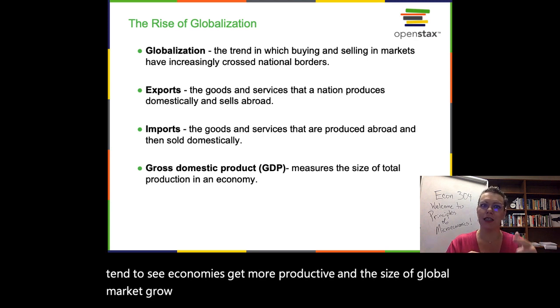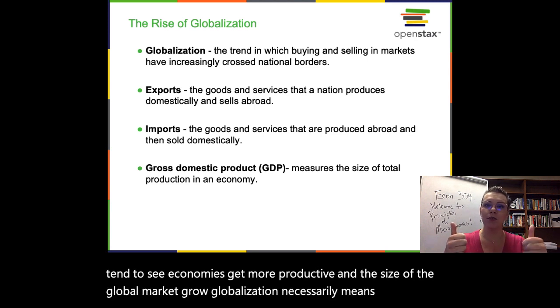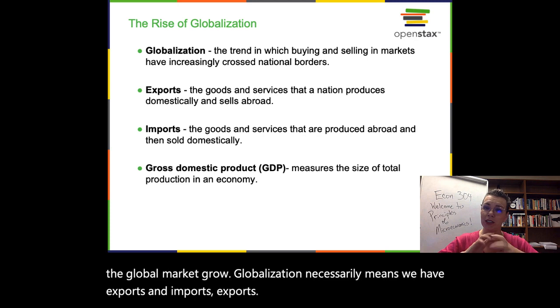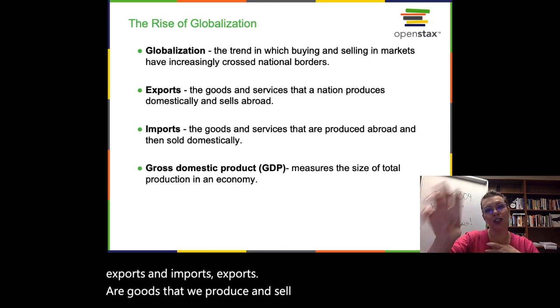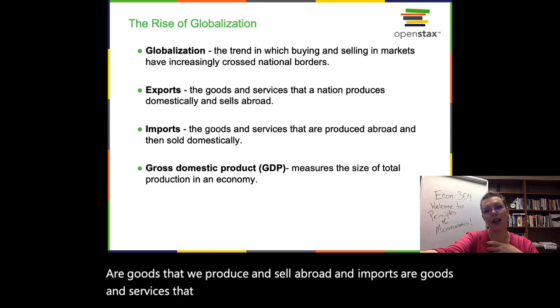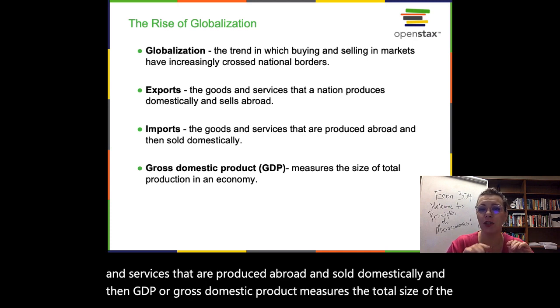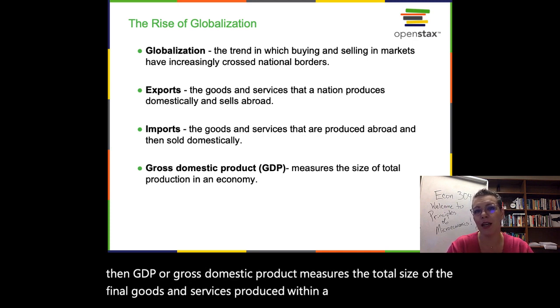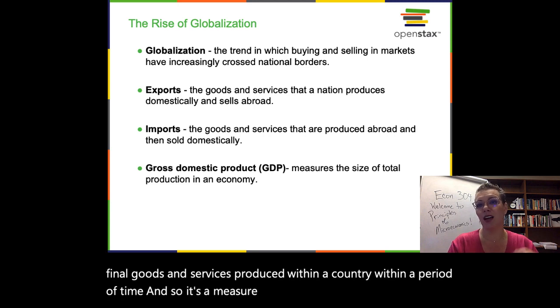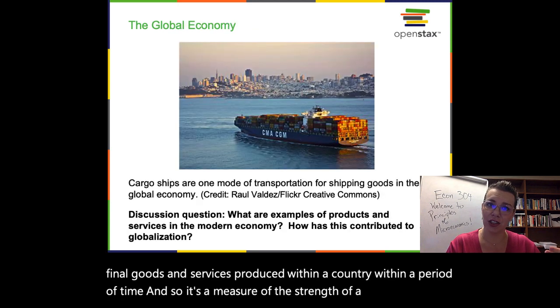Globalization necessarily means we have exports and imports. Exports are goods that we produce and sell abroad, and imports are goods and services that are produced abroad and sold domestically. And then GDP, or gross domestic product, measures the total size of the final goods and services produced within a country within a period of time. And so it's a measure of the strength of a single economy for a single country.